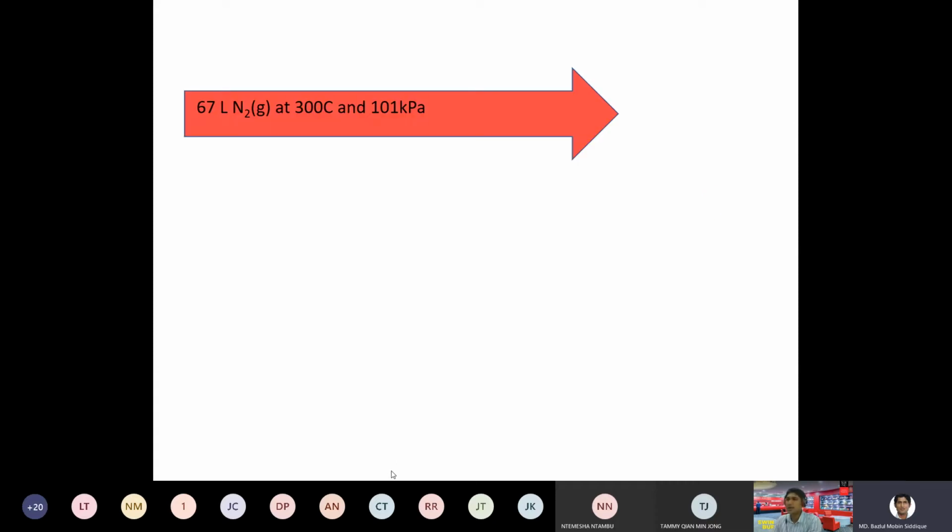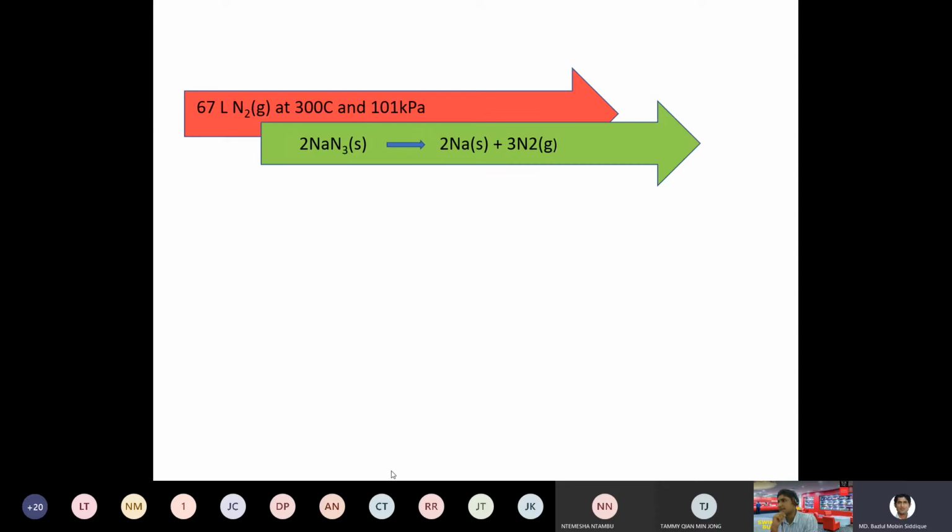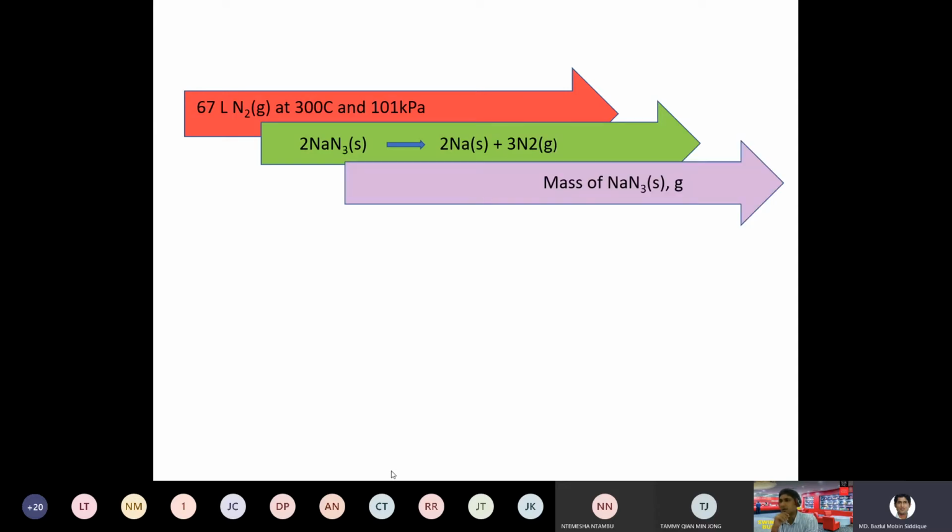So now the first thing: we should know this 67 liters of nitrogen gas at 300 degrees centigrade and 101 kilopascal is produced from this reaction we already have seen.